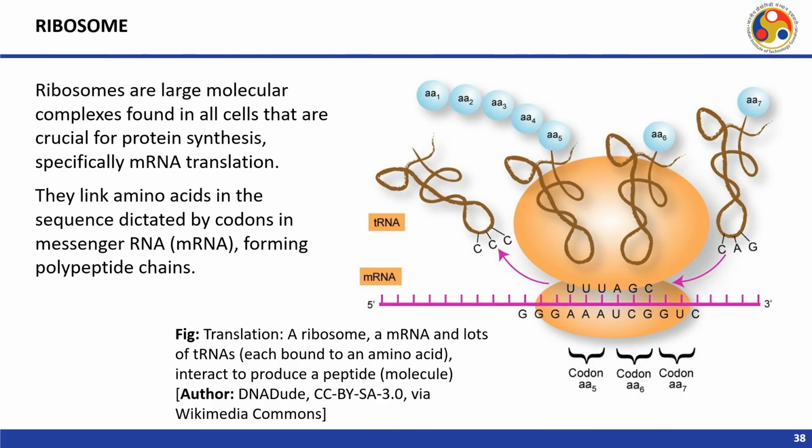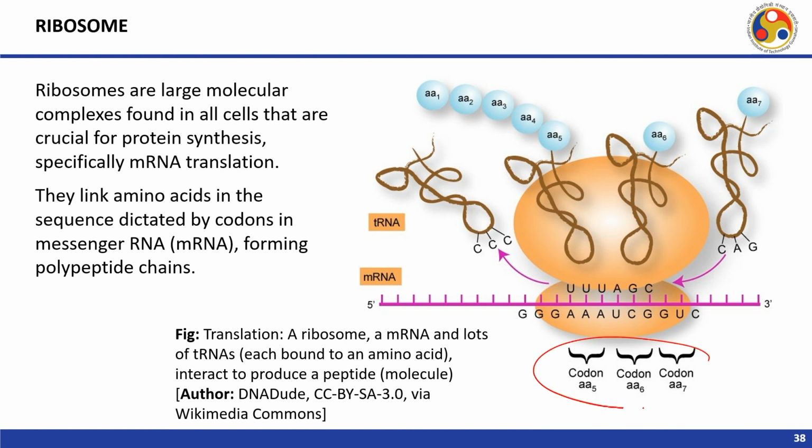Let us now discuss another interesting structure, the ribosome. Ribosomes are large molecular complexes found in all cells that are crucial for protein synthesis, specifically in mRNA translation. These ribosomes link amino acids in the sequence dictated by codons in messenger RNA, forming polypeptide chains.